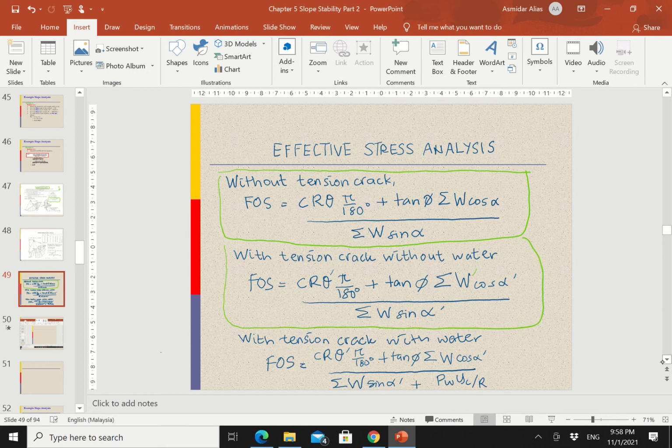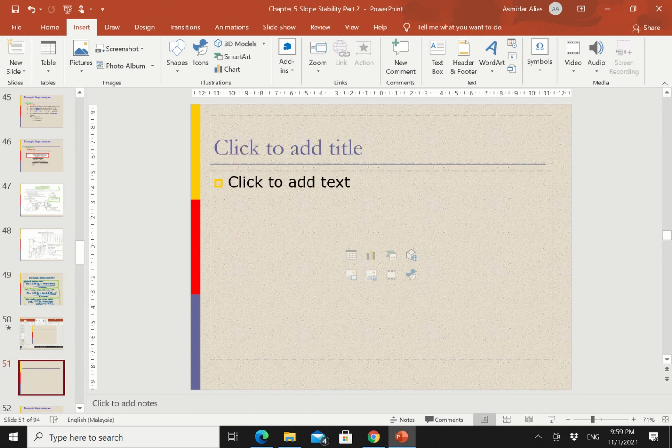And then you have the case for tension crack with water. As we have mentioned before, the tension crack with water will have an additional equation, that is PW YC over R. So you need to remind yourself what is meant by PW and YC.